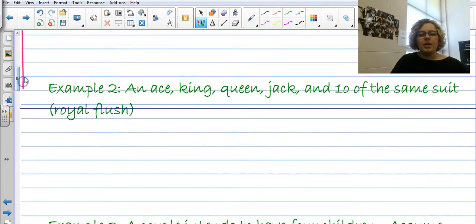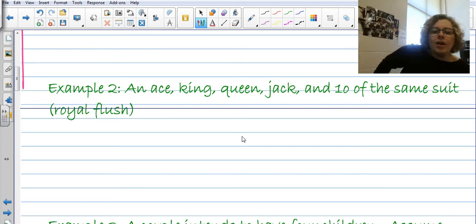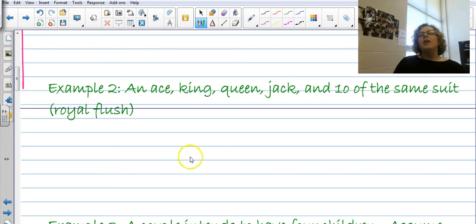Example 2. I want to know the probability of getting an ace, king, queen, jack, and 10 of the same suit, which is a royal flush. All right, so how many royal flushes are in each suit? Well, there's an ace, king, queen, jack, and 10 of hearts. There's one of spades, one in diamonds, and one in clubs. So there's 4 total royal flushes that occur.